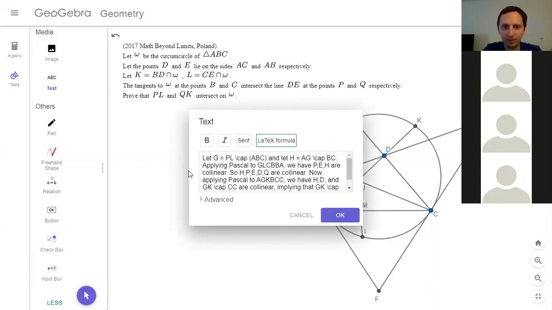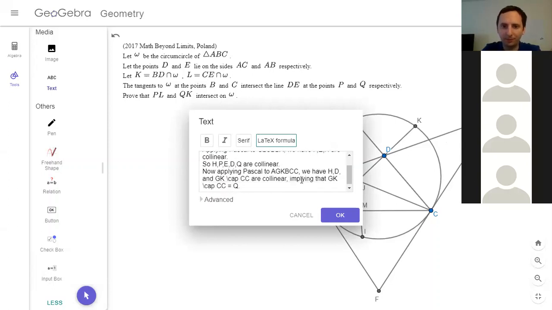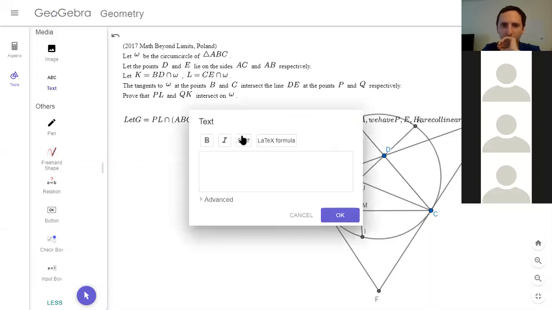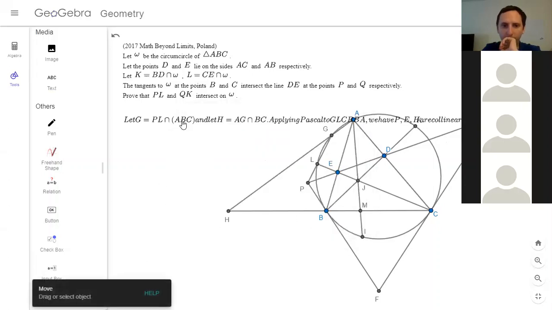Actually, Pascal directly shows this. The 5 points are collinear. Oh, whoops. Actually, 4. Sorry, 1 second.